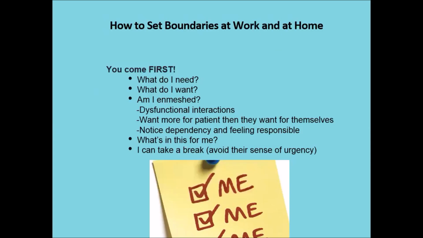Thirdly, ask yourself if you're enmeshed. Enmeshment, sort of the definition, is dysfunctional interactions. You want more for the patient or for the loved one than they want for themselves. And you notice dependency or a feeling of being responsible. And that can be either your dependency on them or their dependency on you.